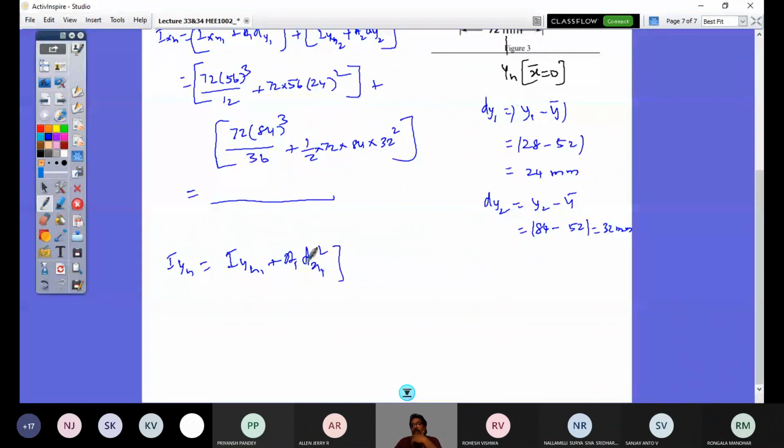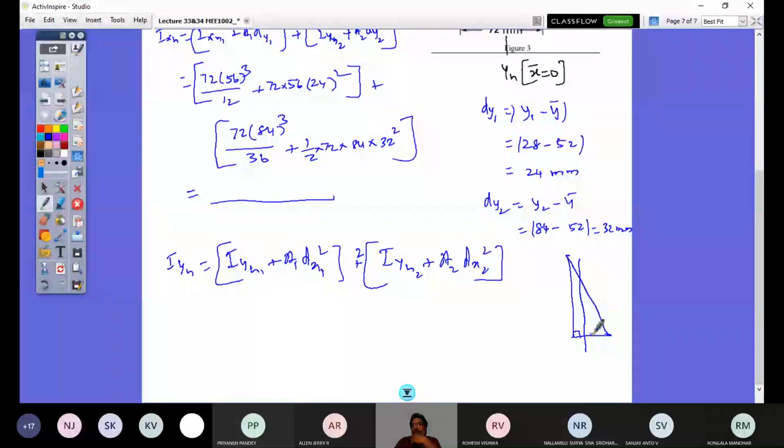I have to consider half of the triangle, a right angle triangle, and two times of that, so I will have to put here 2. So about the YG axis, this is my y2 axis, right? And this is my symmetry axis, of course. So what is this width now? It is 36. And the height is, of course, the same, 84.